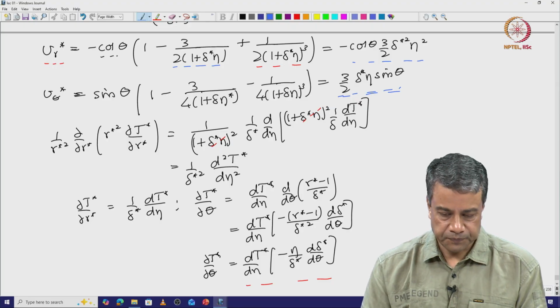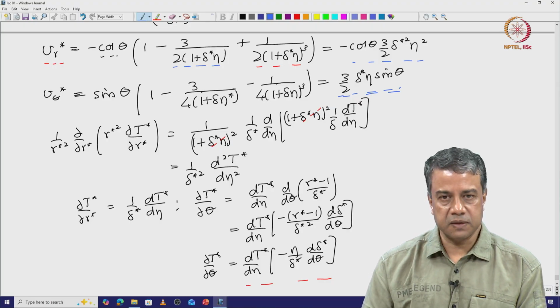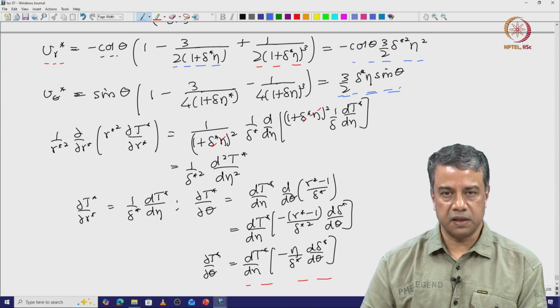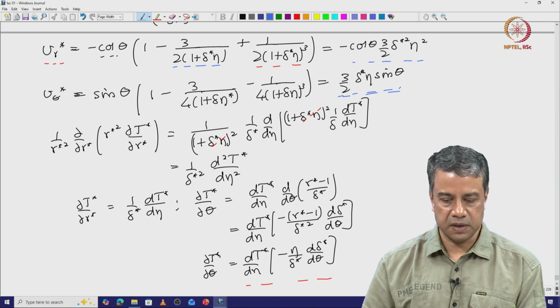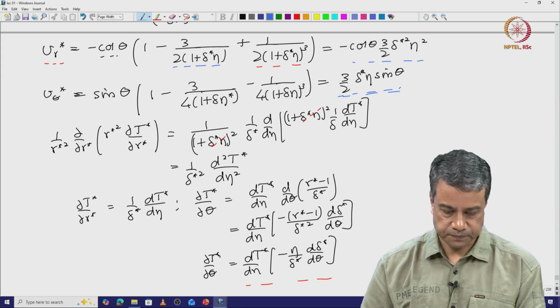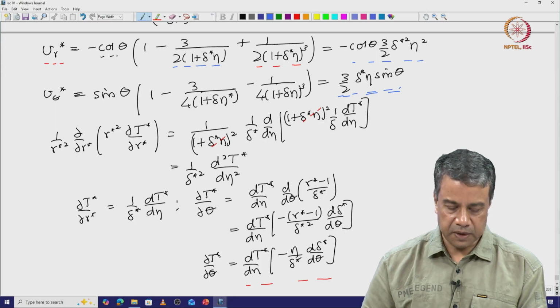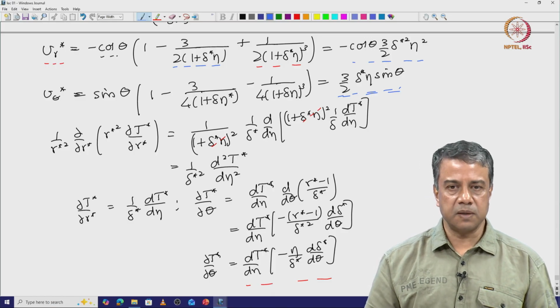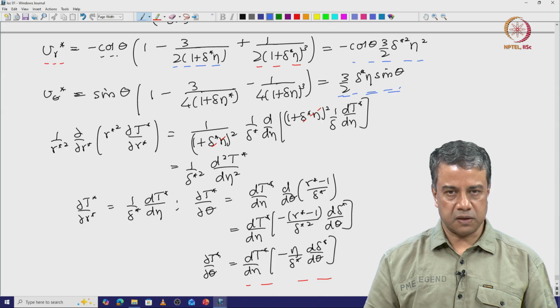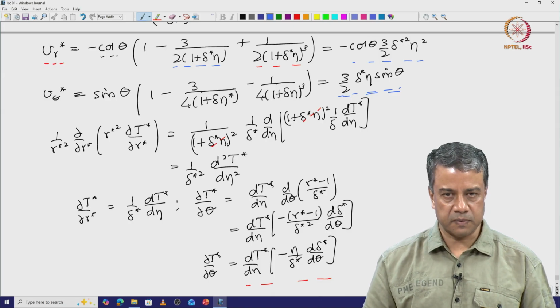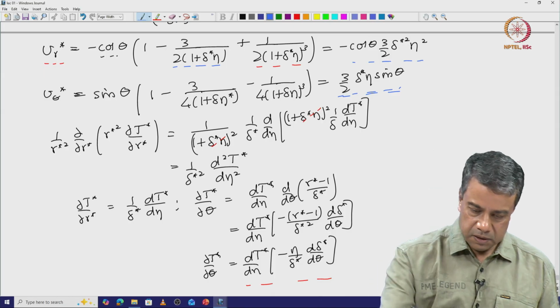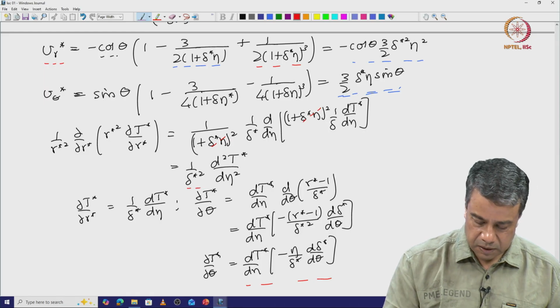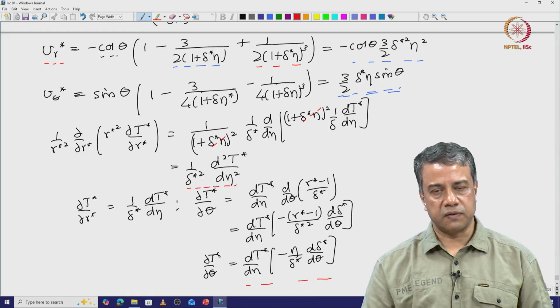We found that the radial velocity was proportional to delta square, while the axial velocity was proportional to delta itself. And we had also found that the cross stream diffusion term for the diffusion from a spherical particle was identical to what we got from diffusion from a flat surface.